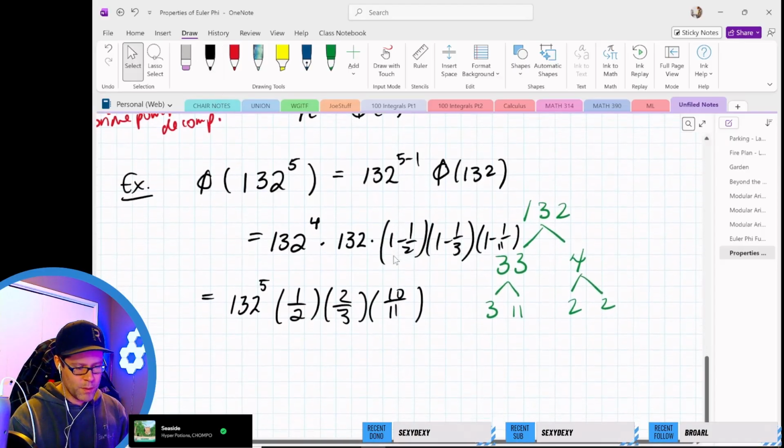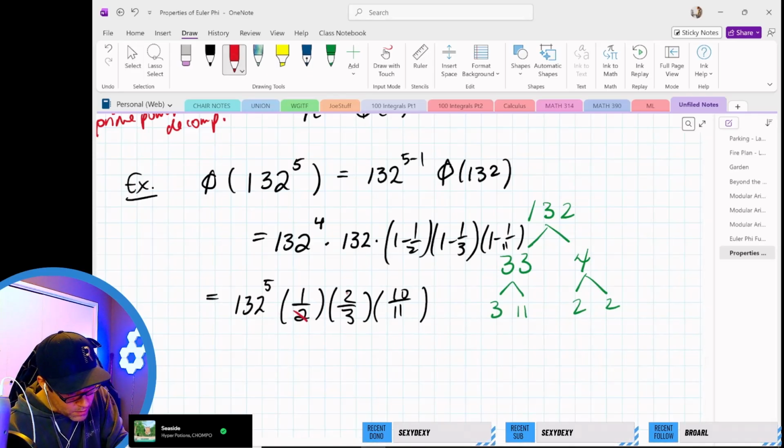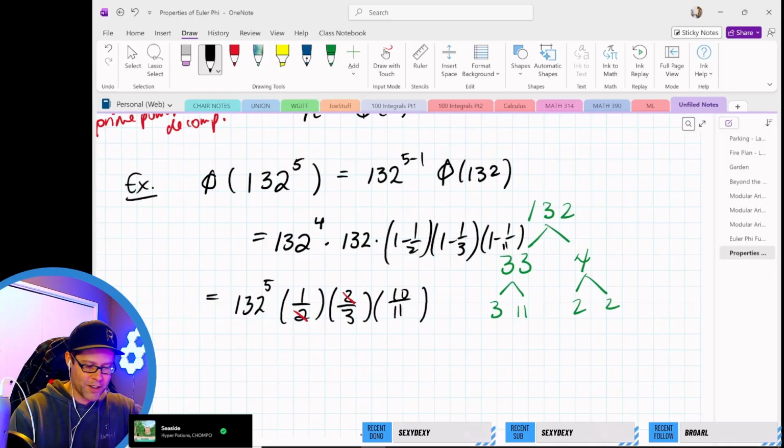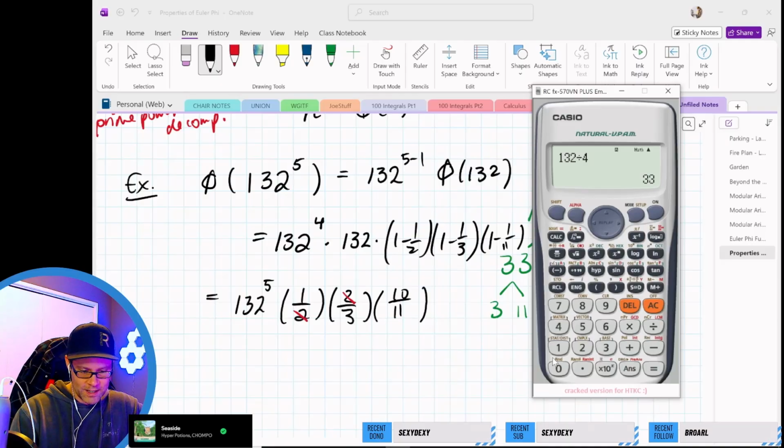We'll multiply out the rest and see if our calculator can handle this number. It's probably too big for our calculator. So 132 to the 5 times 10 divided by 3 divided by 11.